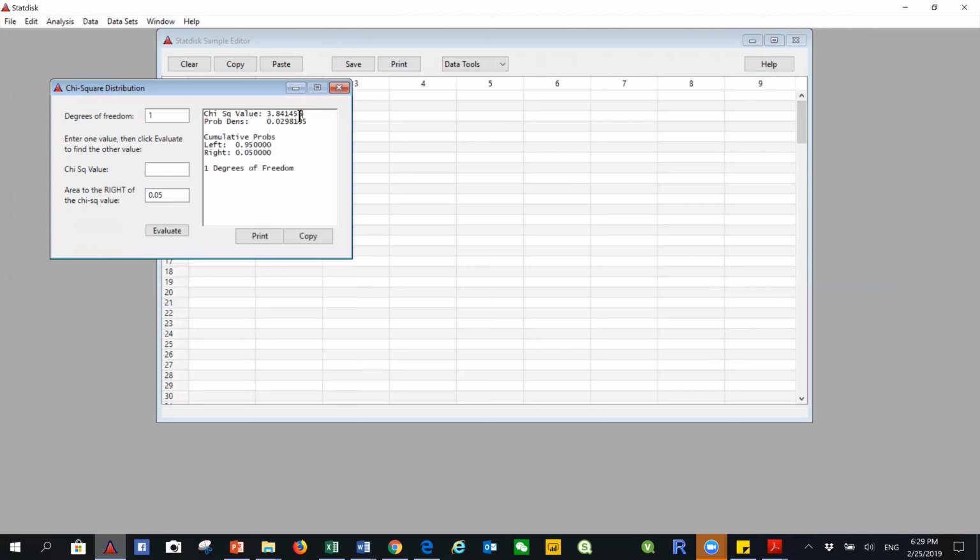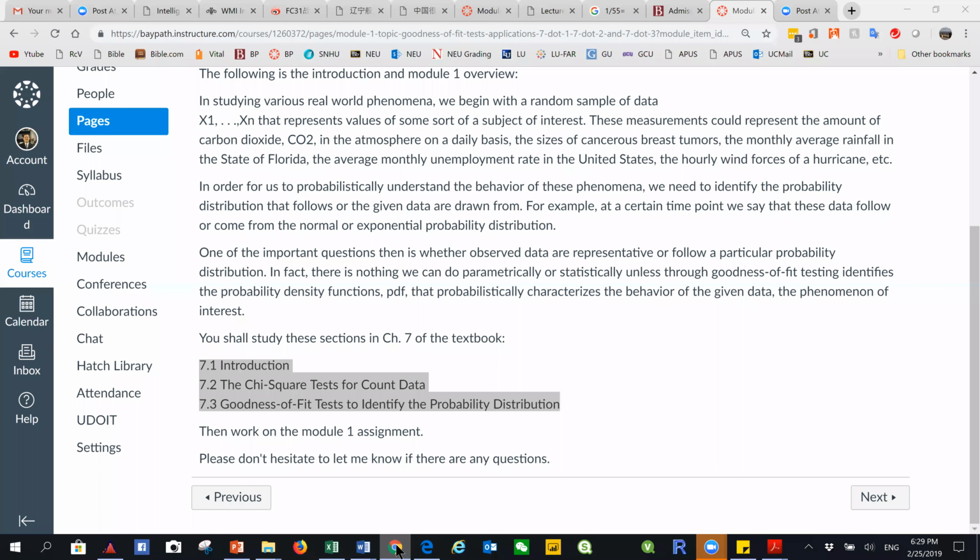You can see the chi-square value is 3.84. Okay, that is the critical value. Or you can use Excel to easily calculate that.